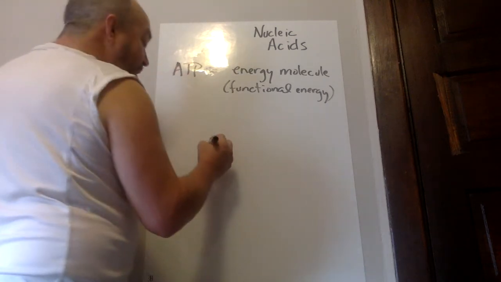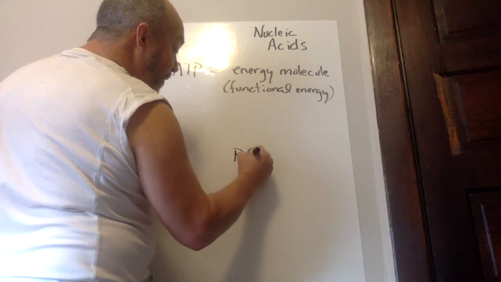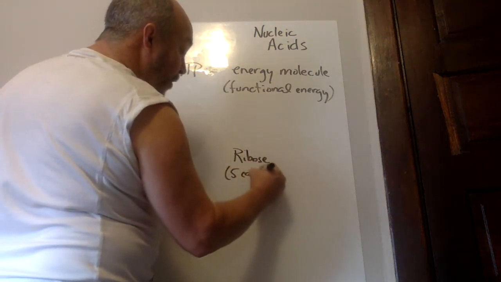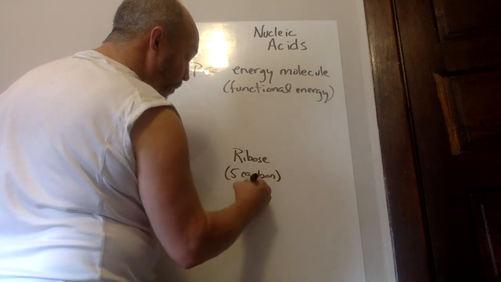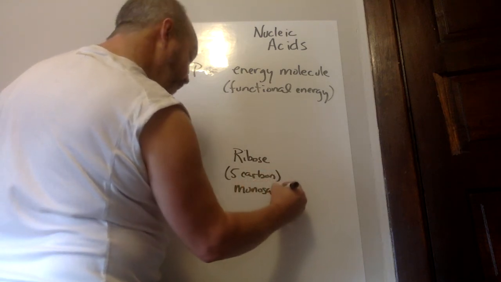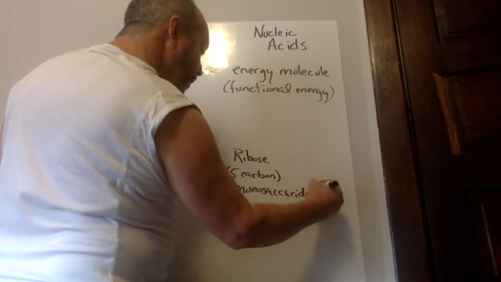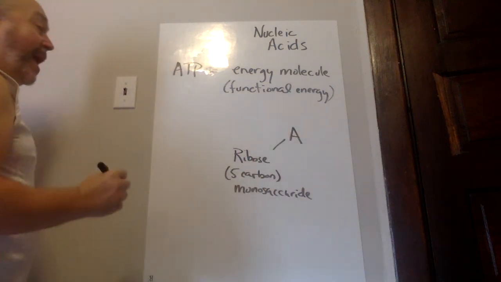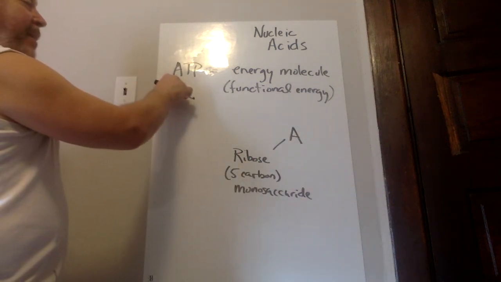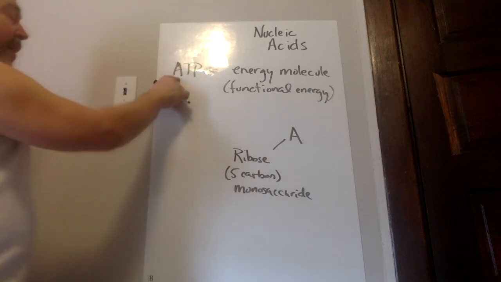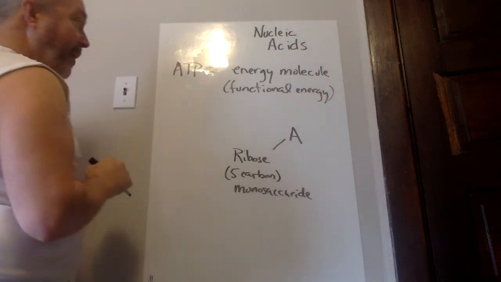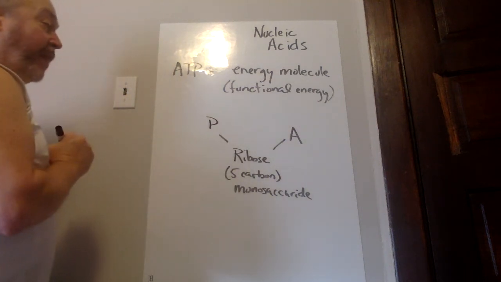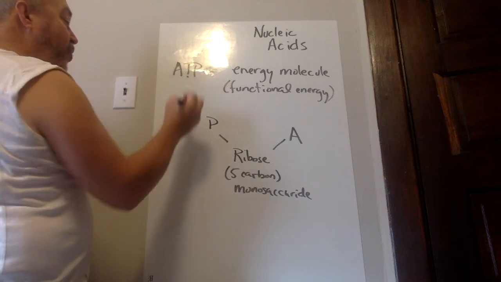When we say it's a modified nucleotide, it's going to have a 5-carbon monosaccharide, and that's going to be ribose. It's going to have a nitrogenous base, in particular adenine. ATP stands for adenosine triphosphate. Now, if this were a regular nucleotide, you would just have one phosphate group. But we just mentioned this is triphosphate.